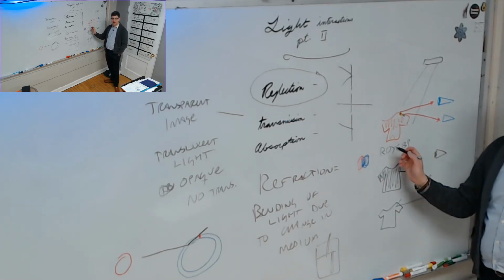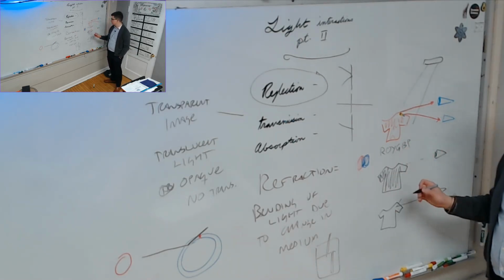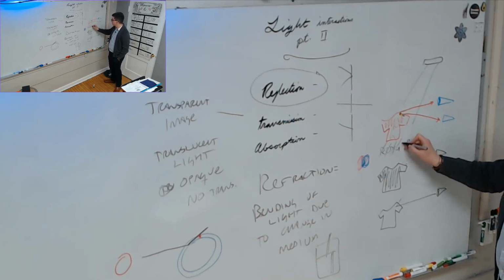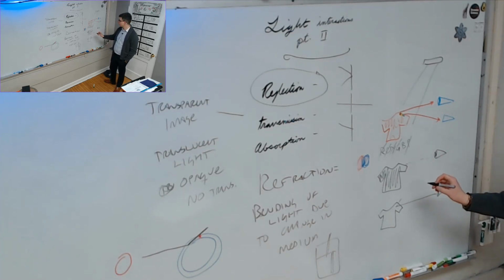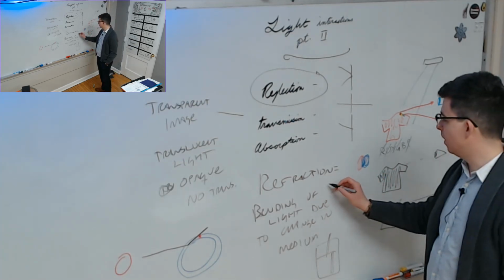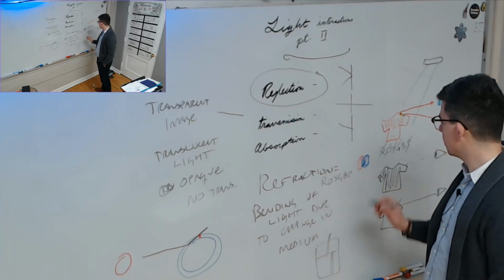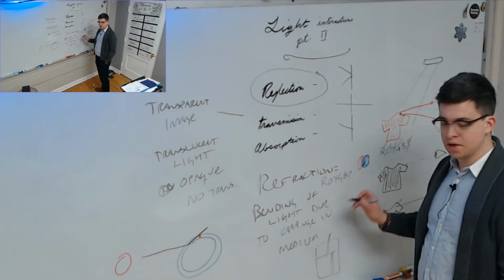And which light's left that reflects? Blue. So all these are absorbed. What about for the red? Well, we had red, orange, yellow, green, blue, purple. All of them are absorbed except red.